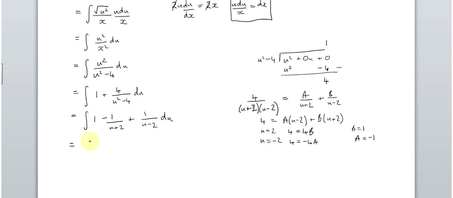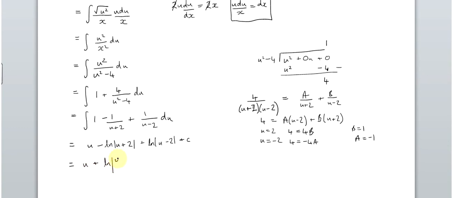So the 1 goes to u, and then we've got minus ln of u plus 2 plus ln of u minus 2 plus c, of course.